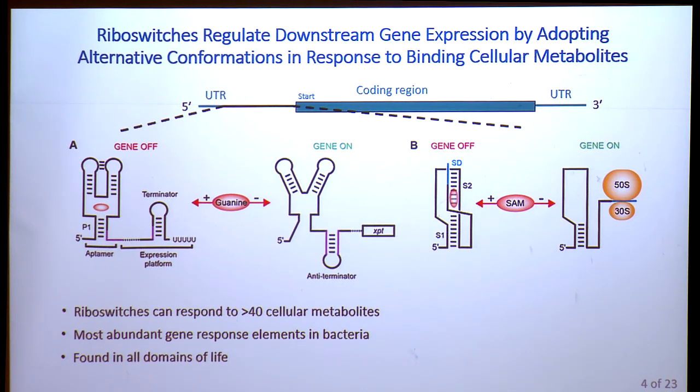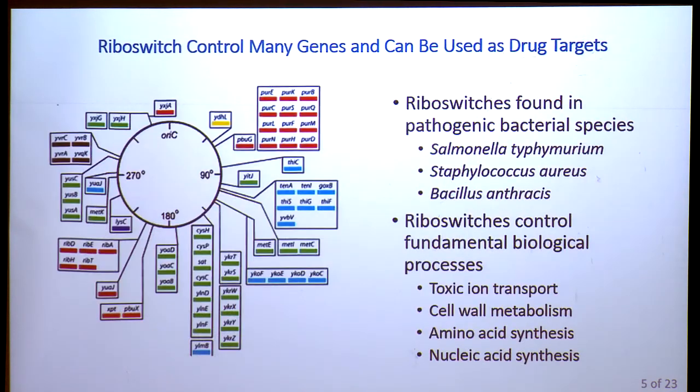However, when the threshold of the ligand goes down, the ligand unbinds from the riboswitch, changes its conformation, and this region is now able to form the anti-terminator, and transcription can continue. This can also happen on the level of translation, since in bacteria, transcription and translation occur at the same time, and instead of this terminator or anti-terminator being formed, when the ligand binds, it sequesters the Shine-Dalgarno sequence or allows it to be bound by the ribosome.